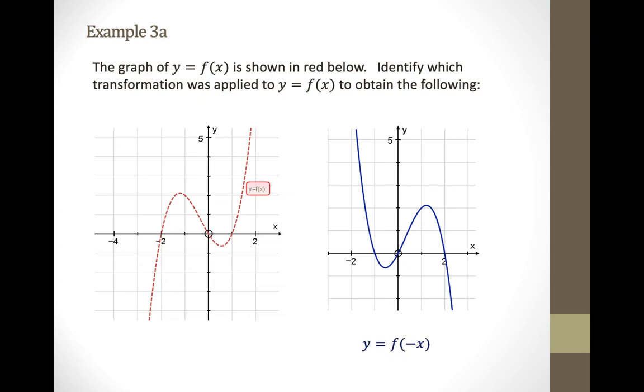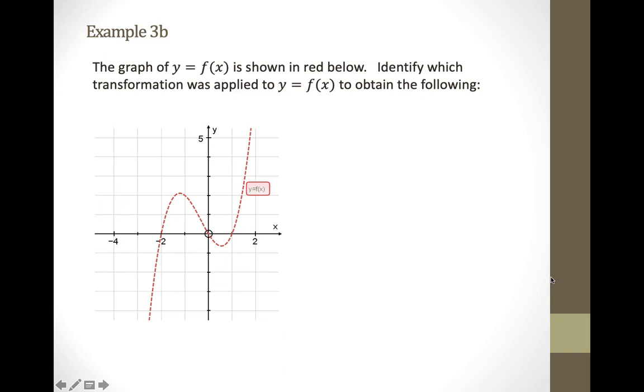I hope you saw that it was reflected through the y-axis. So this minimum here at a half is still a minimum, but it's now negative a half. This maximum just past 1 is now over here, still just past 1, but the positive version rather than the negative.